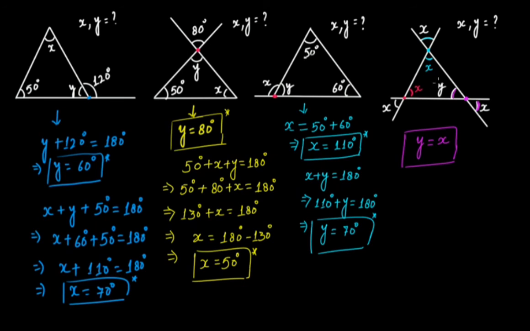Now apply angle sum property in this case. If you apply angle sum property, then X plus Y plus X is equal to 180 degree, and this will give you 3 times X is equal to 180 degree. So this will give you X as 60 degree.